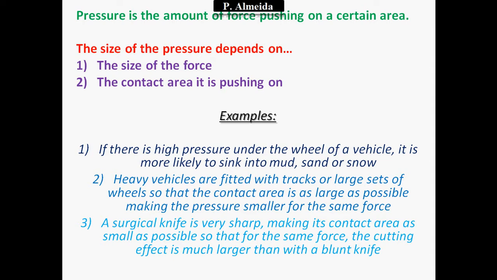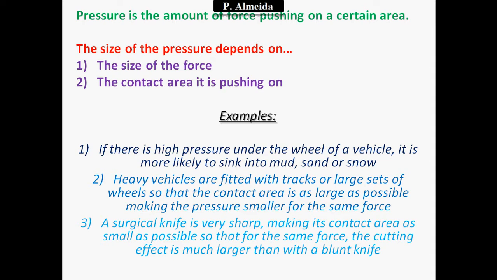They increase the surface area touching the ground, for the same amount of force, because I obviously cannot change the weight of the train, so that is the force. And therefore, because I have the same force but over a larger surface area, the pressure that is being applied on the surface is lower, okay? So there you go. Number 2, heavy cars or vehicles are fitted with tracks or large sets of wheels so that the contact area is as large as possible, making the pressure smaller for the same force.